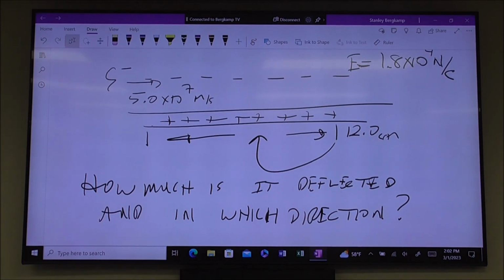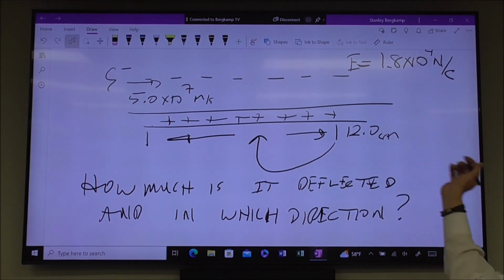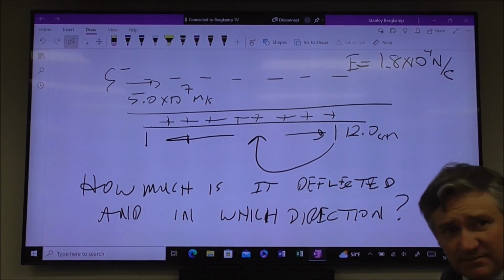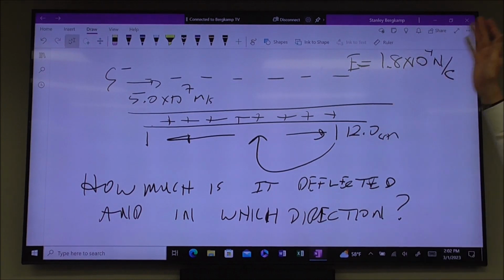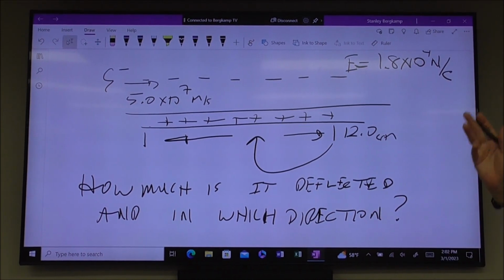Once you get the force, then what can you find? Acceleration, because force equals mass times acceleration. Is that going to be a vertical acceleration? Because are there any forces acting in the horizontal direction? No, because the electric field is pointing up, right?